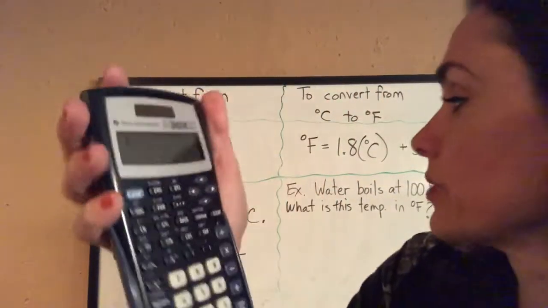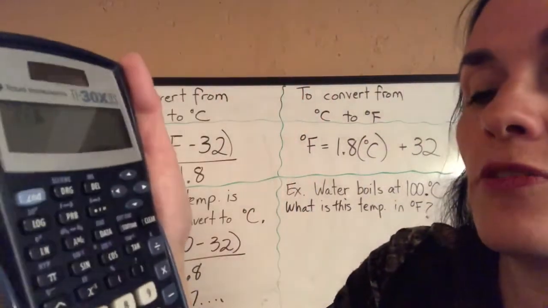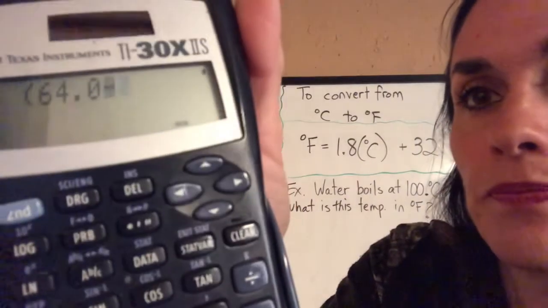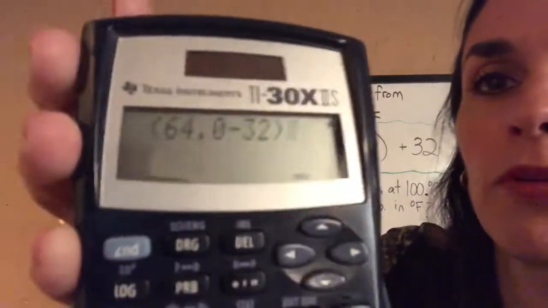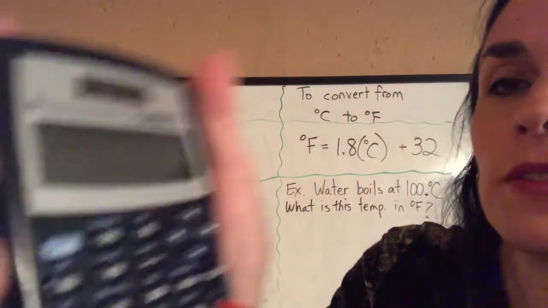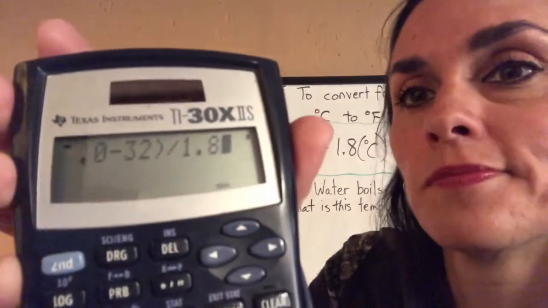Let me show you with the parentheses. You can do it in one step. Open parentheses, 64.0 minus 32, close parenthesis, divide by 1.8. You get the same thing.